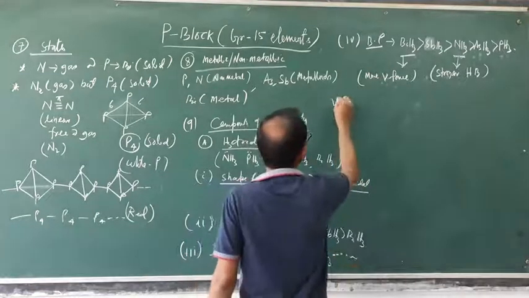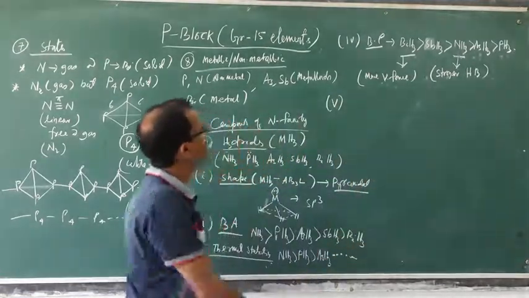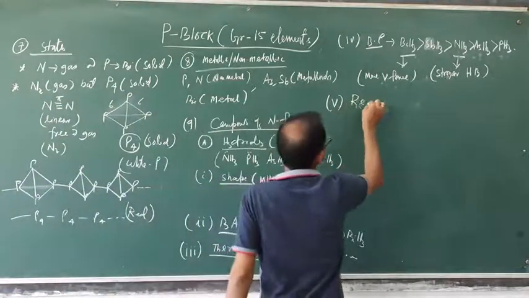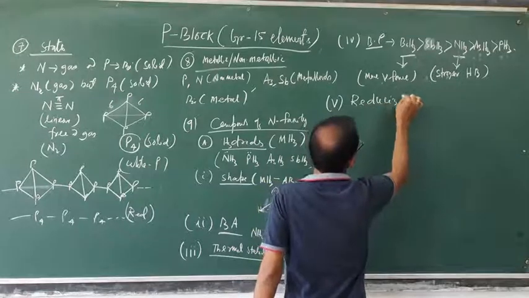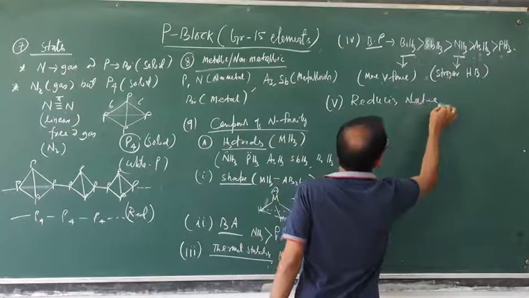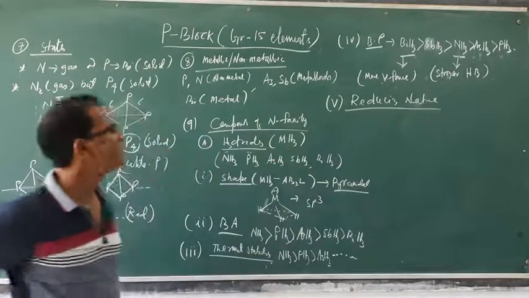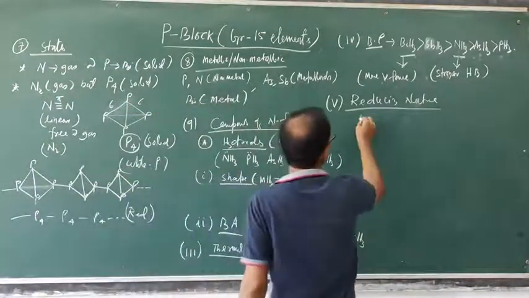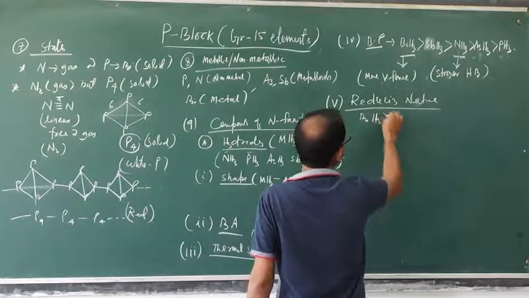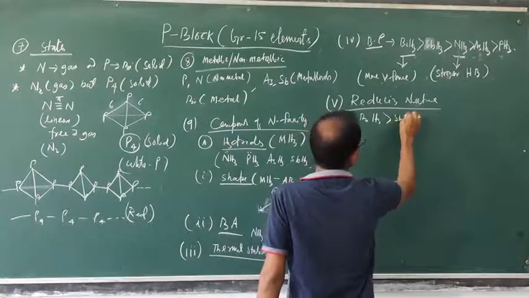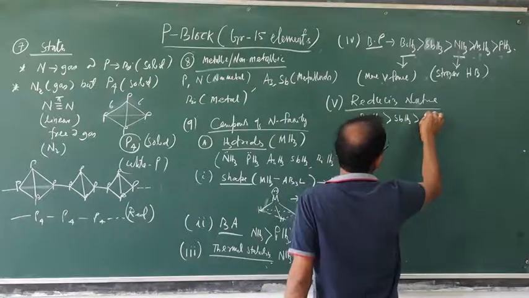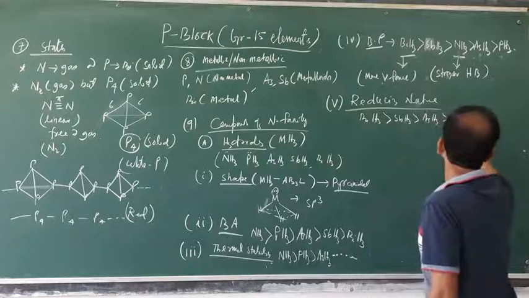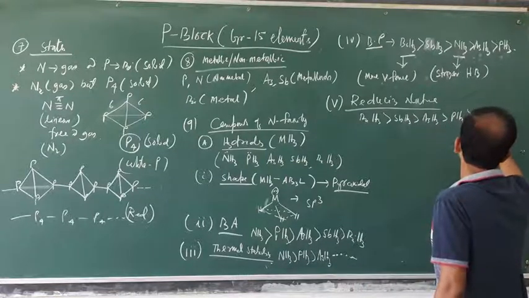The next property is reducing nature. Reducing nature depends upon the M-H bond strength. So bismuth hydride will be greater than SbH3, greater than AsH3, greater than PH3, greater than NH3.